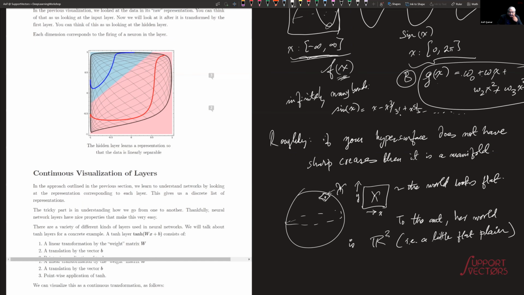Yes. So this little world, the little world that an ant sees, is called a map. Map. Because it's the map that this ant has of her world.